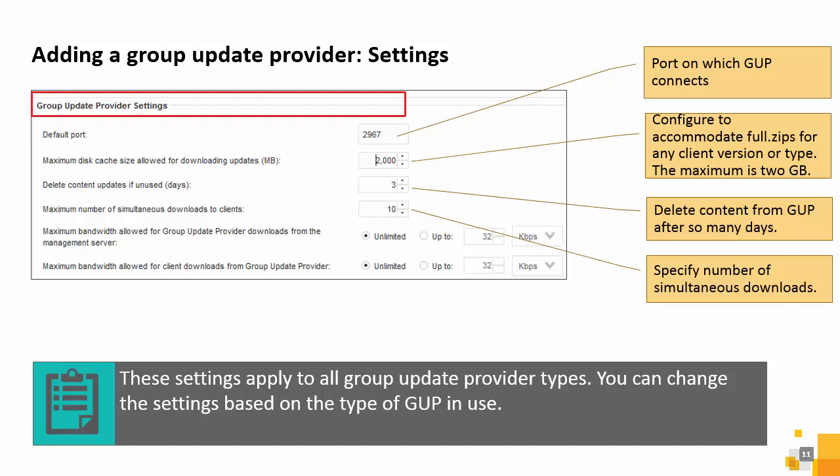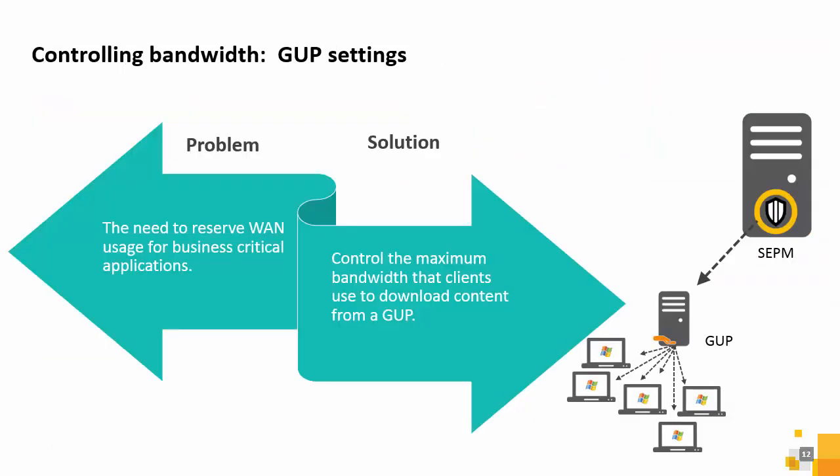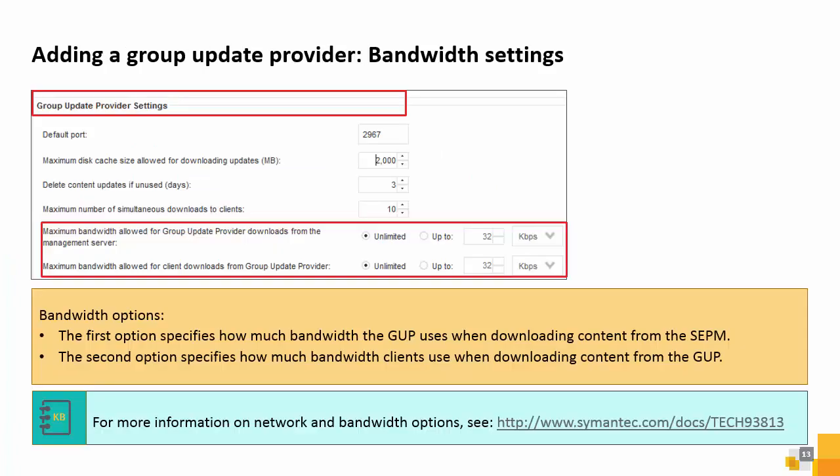You can change the settings based on the type of GUP in use. In cases where WAN usage is limited and you need to reserve bandwidth for business-critical applications, you can control the maximum bandwidth that clients use to download content from a GUP. Note that clients take longer to download content updates.